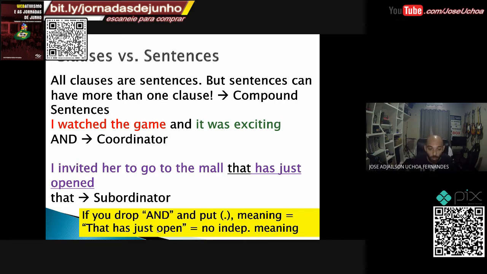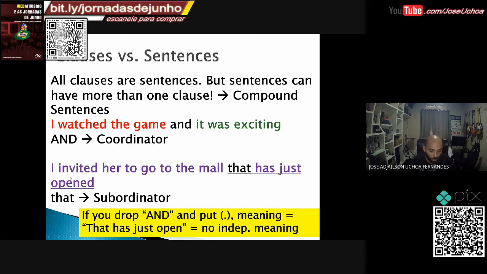Então, cada ideia é um período. Pega aqui, I watched the game, period. Informação 1. The game was exciting. Informação 2. Ok? Pode, inclusive, ser o próprio it, né? Se tiver no mesmo parágrafo. O teste de colocar period, né, indica que se funciona com period, a relação que se tem é de coordenação.